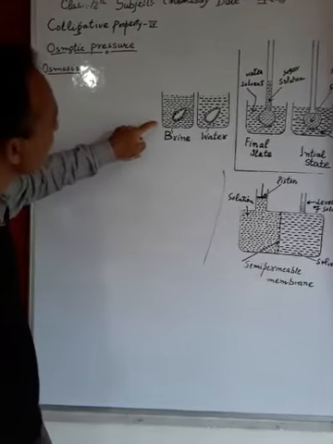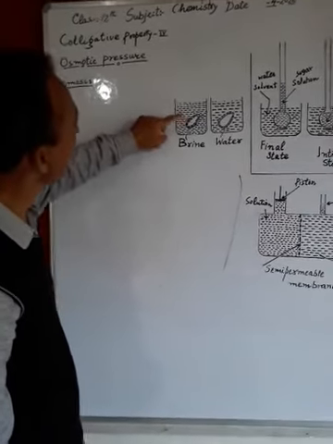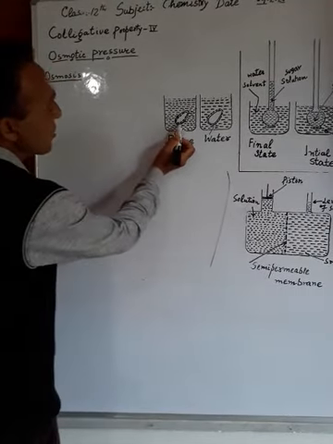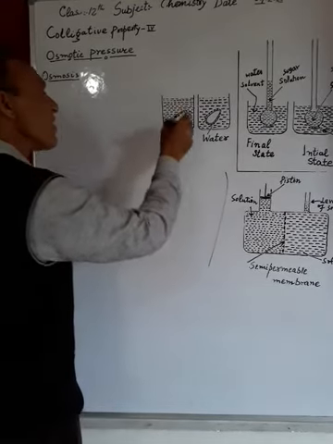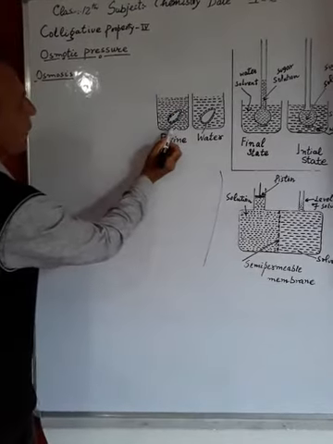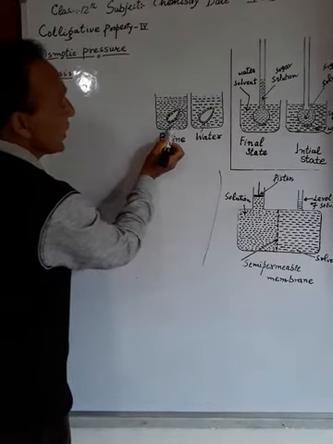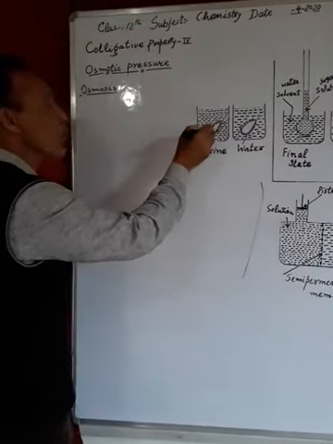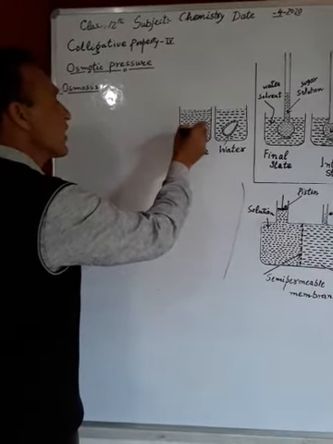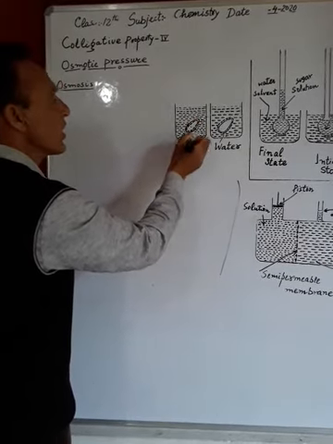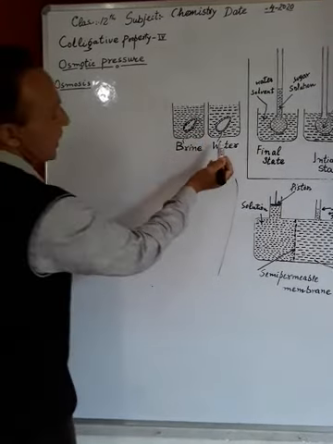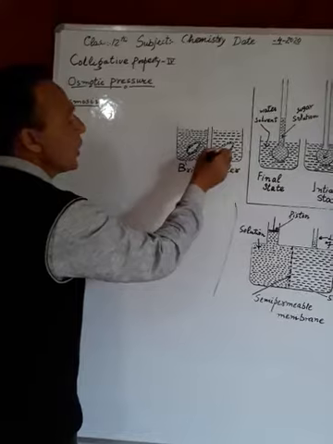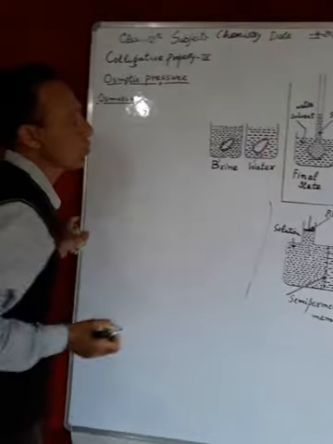In the second case, where the shrinking has taken place, the water present in the egg fluid comes out of it and passes into the salt solution, which is more concentrated. So the solvent molecules pass from the less concentrated egg fluid into the more concentrated sodium chloride solution, and in the earlier case the water molecules enter from the solvent into the egg, which is a concentrated solution.